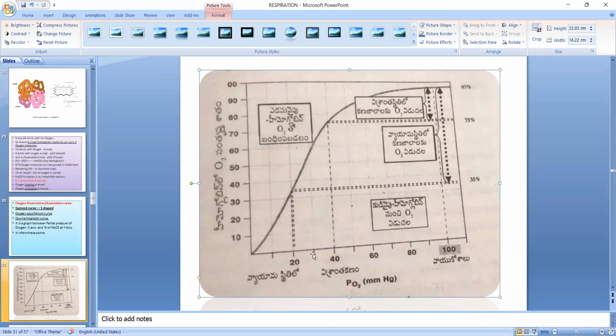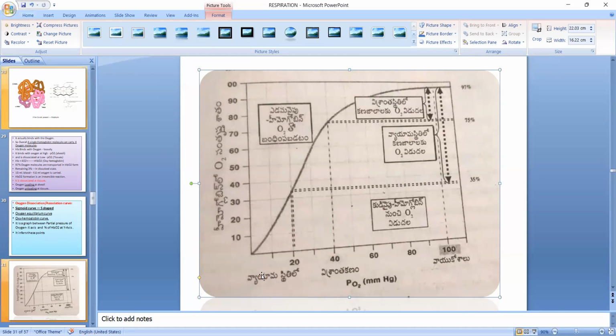This graph explains that at approximately 26.6 mmHg PO2, 50% of hemoglobin is filled. That is one point. And at 40 mmHg PO2, almost 75% of Hb is filled with oxygen. So this graph explains it like that.